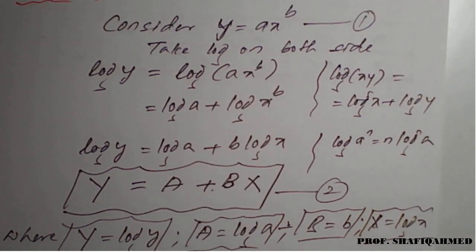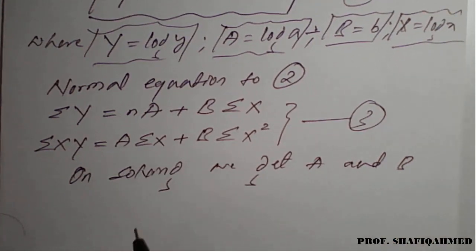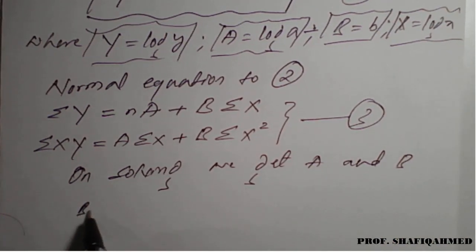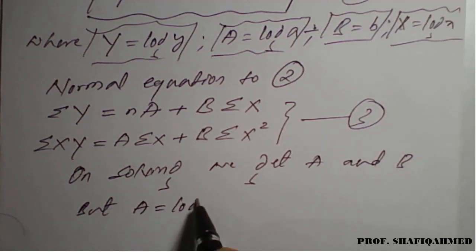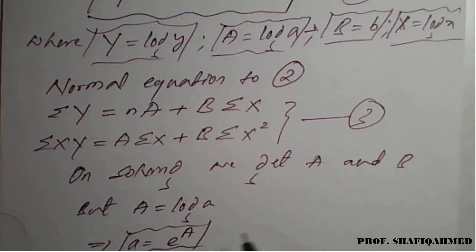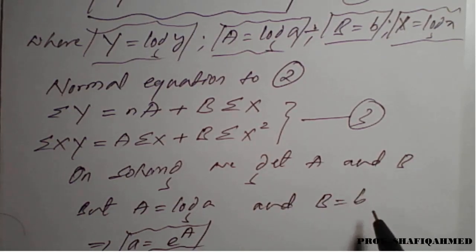So to get small a and small b, we know that capital A is nothing but log of a, which implies small a is equal to e raised to capital A, and similarly capital B is nothing but small b, which implies small b is equal to capital B.